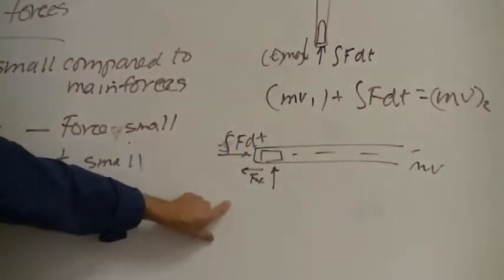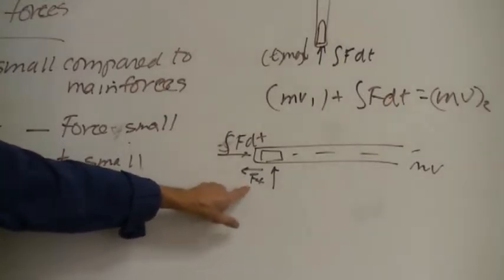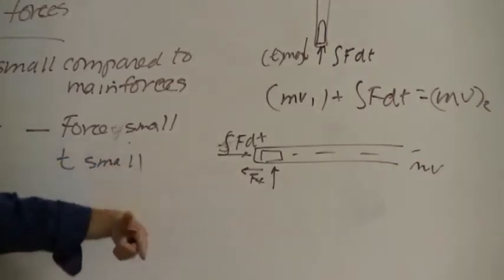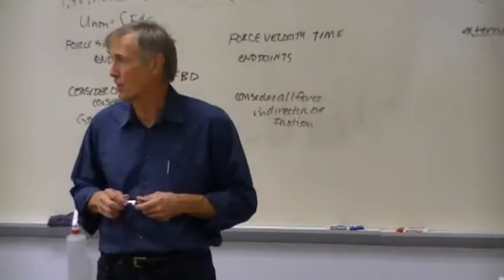This friction force also operates through the same time, but the friction force is going to be so much smaller than the explosion force that you can ignore it, right? So look for opportunities where, if problems get complicated and you put all the forces on there, you say, well, I wonder if I can ignore any of these things, because sometimes you can, okay?